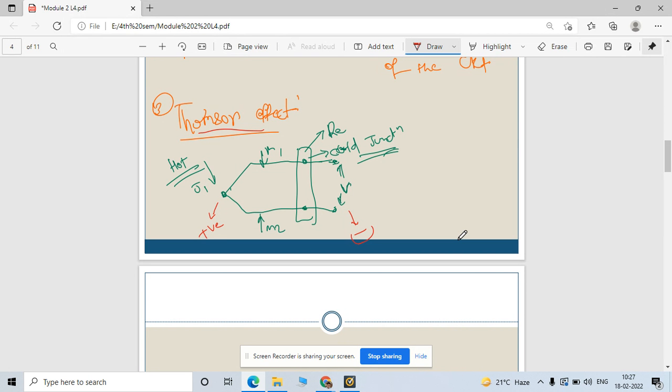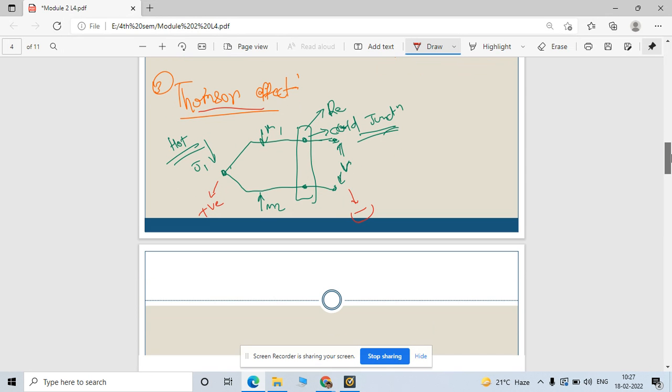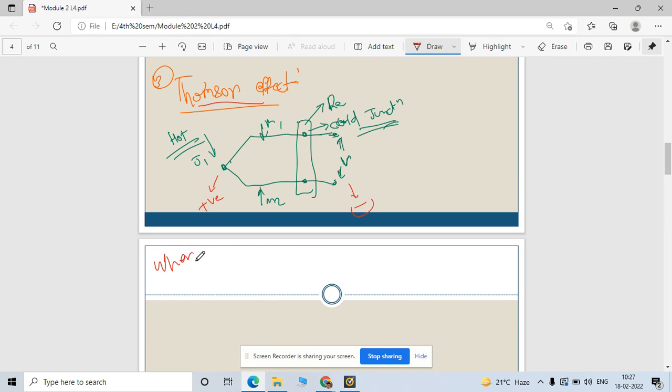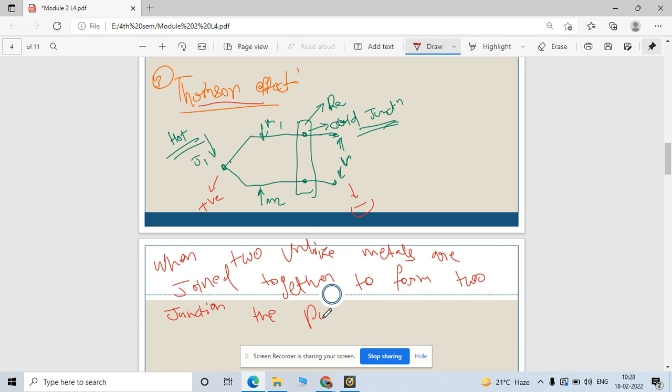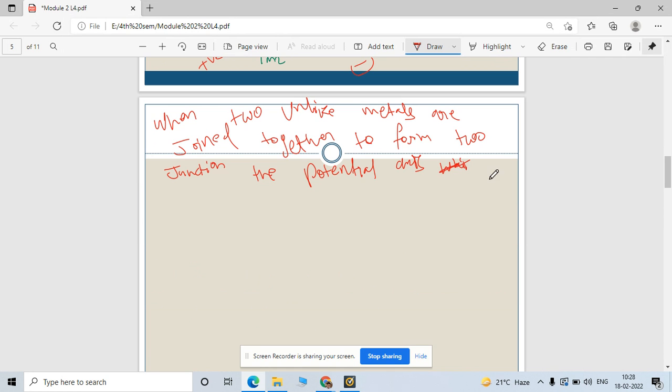If I explain it in terms of a statement, you can write here: when two unlike metals are joined together to form two junctions, the potential exists within the circuit due to temperature gradient.